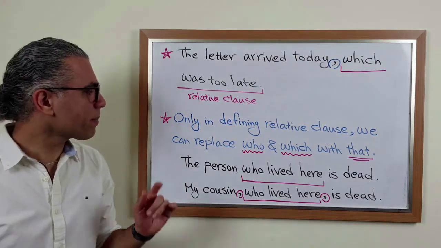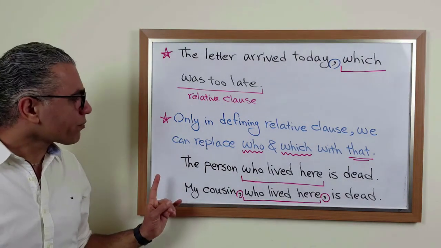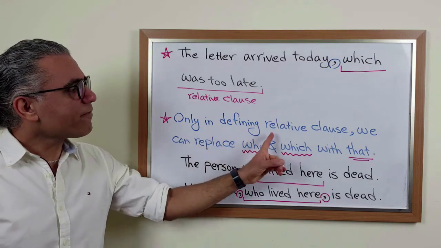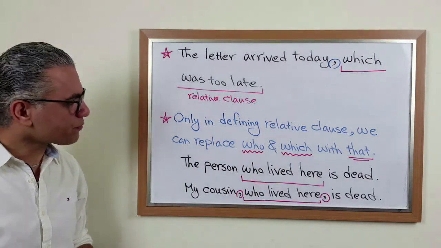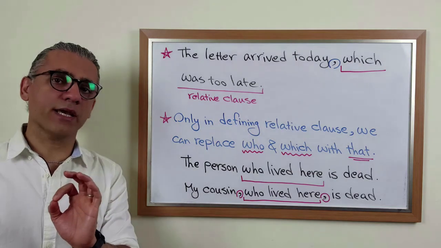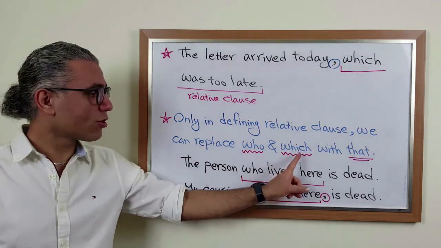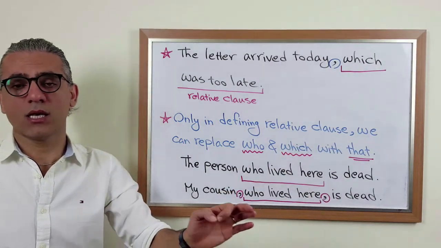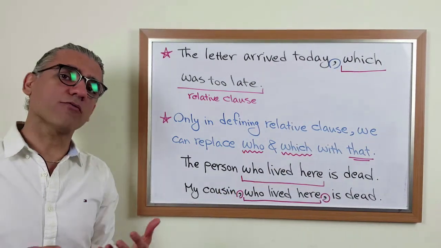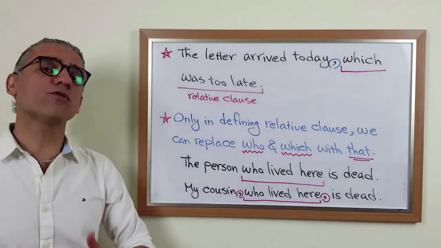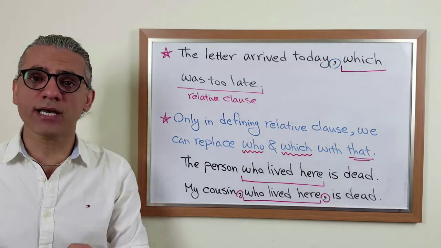That is one point. The next one, only in defining relative clauses, remember, we can replace who and which with that. We can use that instead of who and which if your relative clause is a defining one.